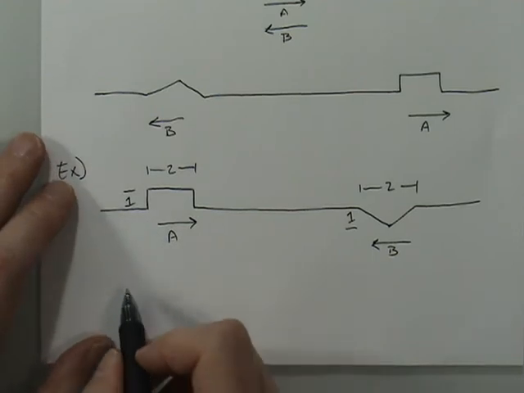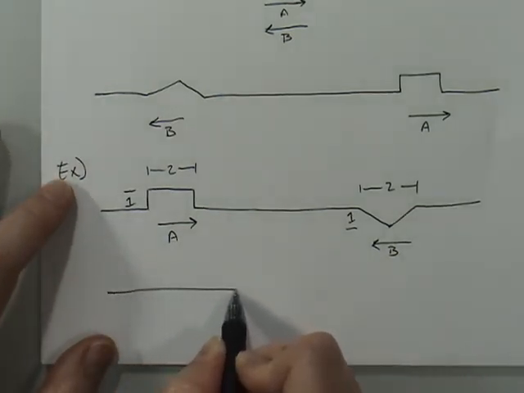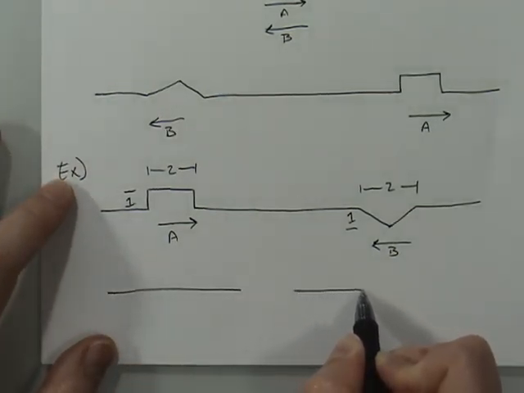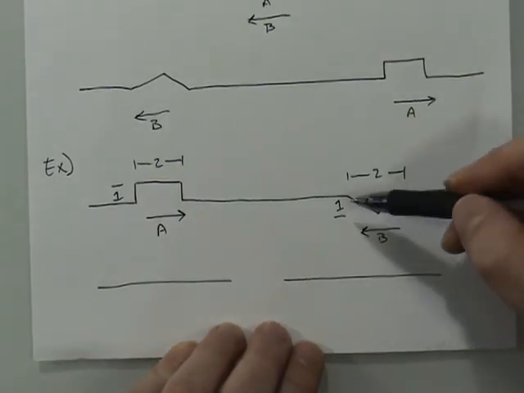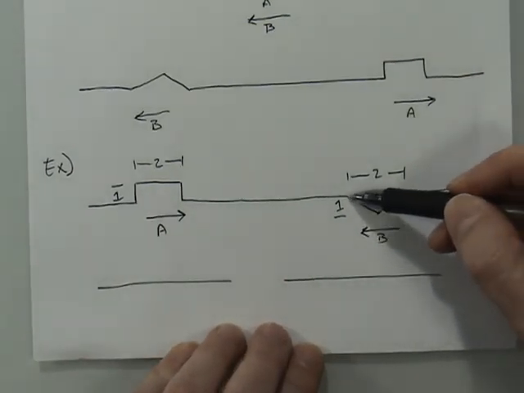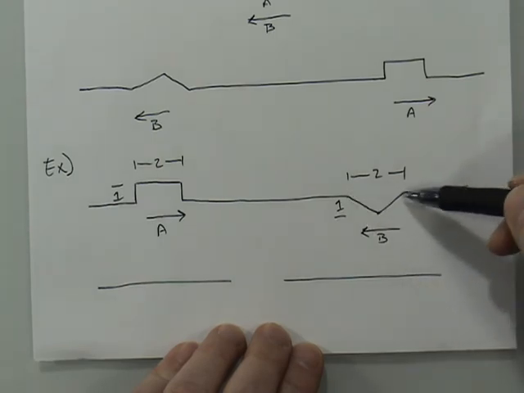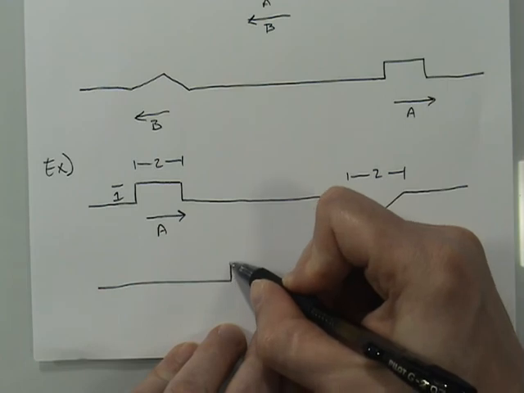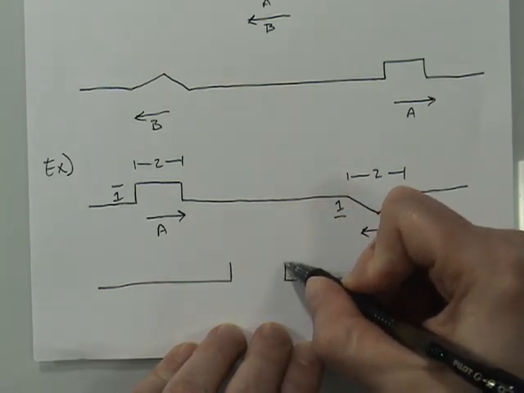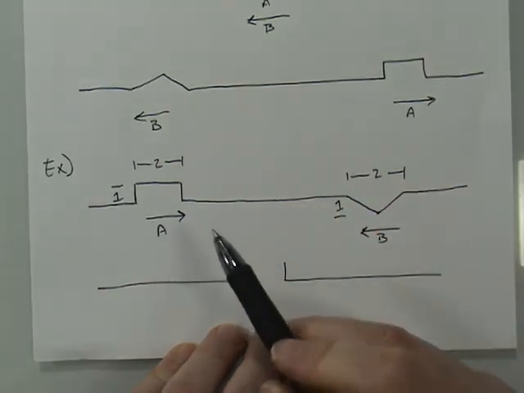Okay, so when I superpose these two waves, they will meet, they will have a width of 2, and the question is what shape are they going to make? If you look again, the left side of this wave has no displacement and the right side has no displacement. So nothing has really changed from the previous situation. We're going to add 1 to 0, and that's going to give it a displacement of 1. But look what happens in the middle.